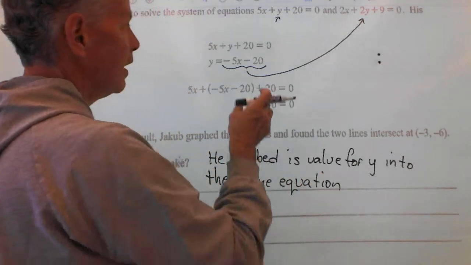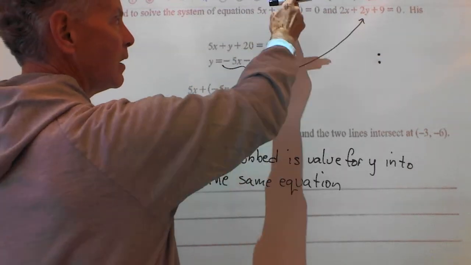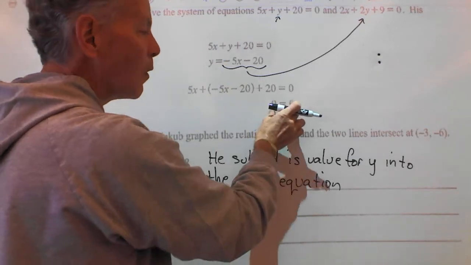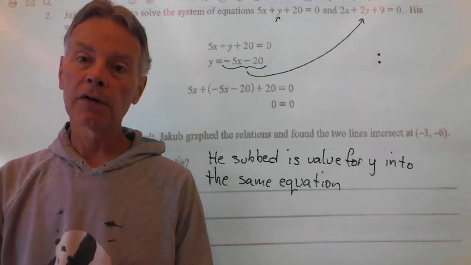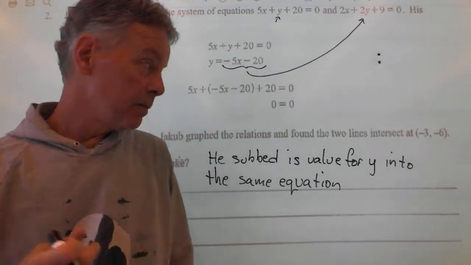So remember that. If you isolate your variable and mistakenly sub it back into the equation you used in the first place, you'll always get both sides equaling 0, okay? And you don't want that because it's not the right answer, okay?